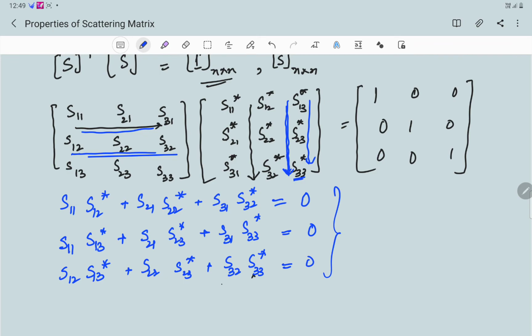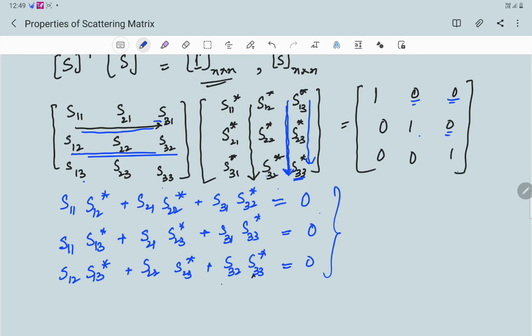So the initial conditions were that the right hand side was 1 when I was multiplying row 1 with column 1. Then row 2 with column 2 would give me the second diagonal element, and row 3 with column 3 the third. Now if I multiply row 1 with column 2, I get non-diagonal elements, and these non-diagonal elements are 0.